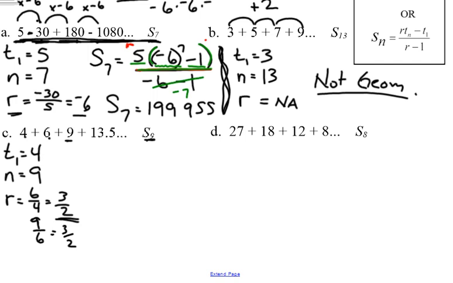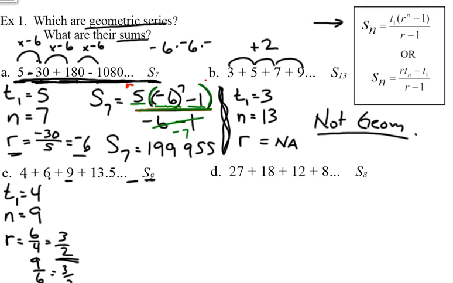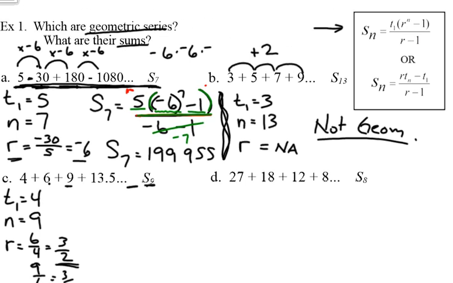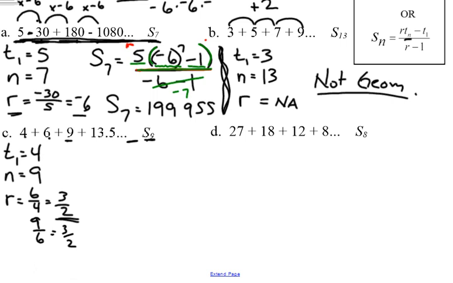So here we go. Looking at which equation. Again, in this case, we don't know the 9th term, so we need to work with that top formula again, because the top formula doesn't involve the T of n, so we can work with it. So here we go.